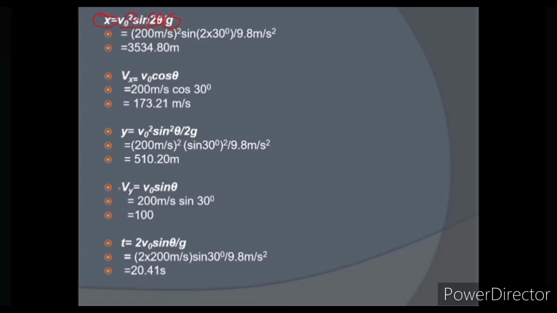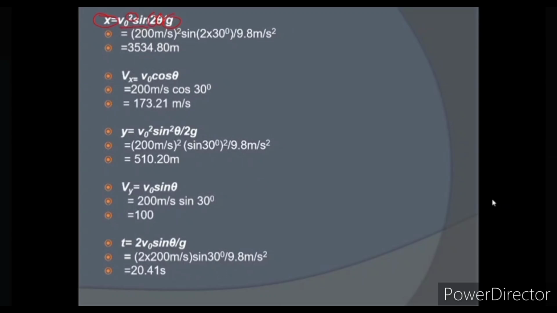Next, we're looking for the vertical velocity. So, you have here the velocity of 200. That is the given. Your sine 30, also the given, your ating angle. So, the answer would be 100.